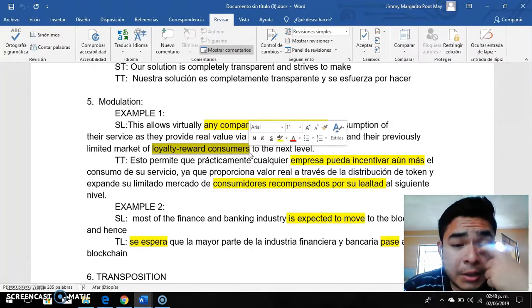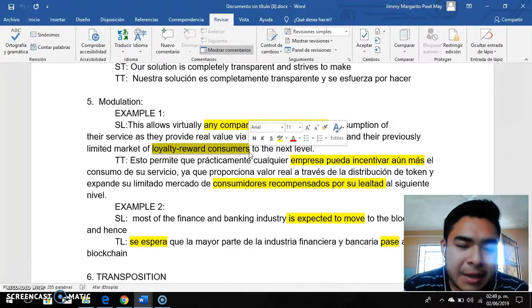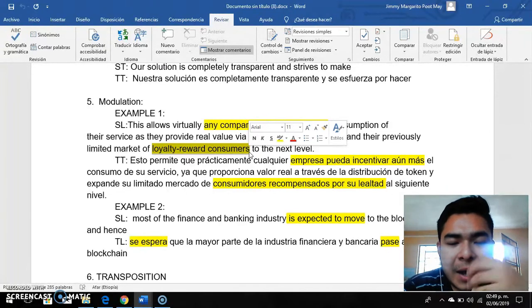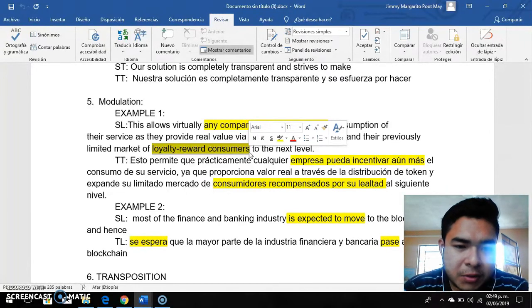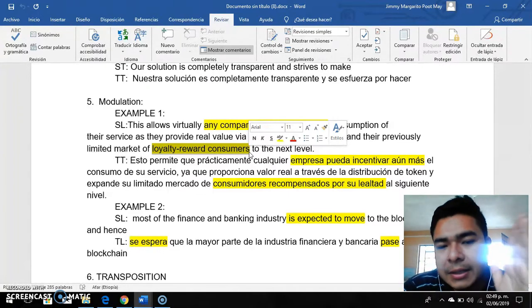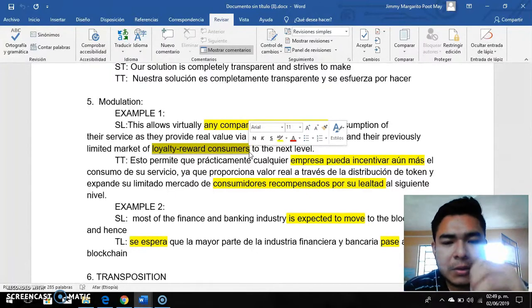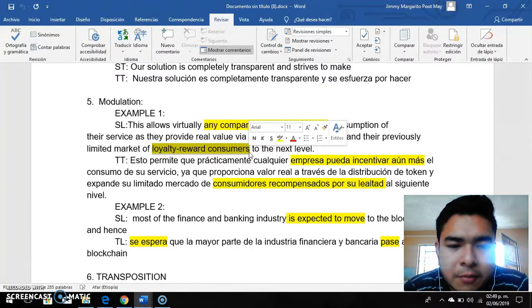So I found out that it refers to the system of rewards that these kinds of platforms have for their loyal consumers. So I modulated this, and I translated it as "consumidores recompensados por su lealtad". And this was a good translation for me.